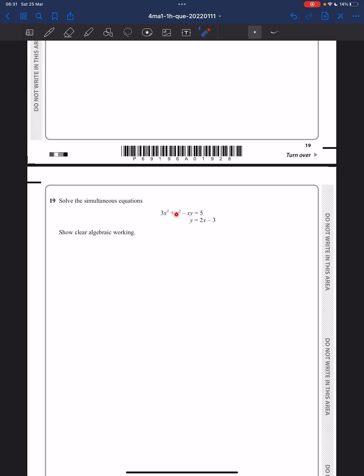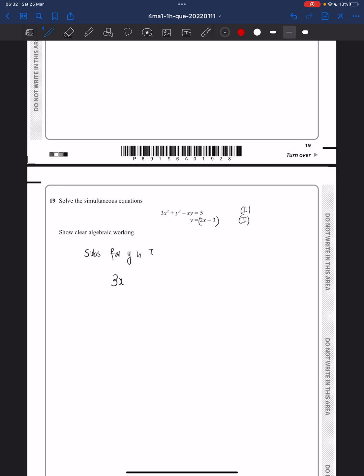Okay, so when you've got a quadratic simultaneous equation with a linear one, I personally, well, I think everybody would, substitute, and I would put brackets 2x minus 3 for y throughout here. So we're going to show you working, substitute for y in equation 1.